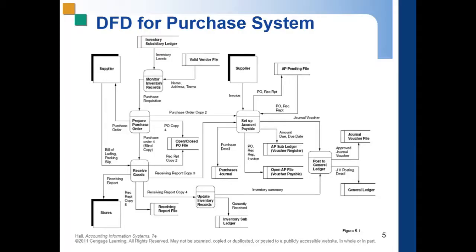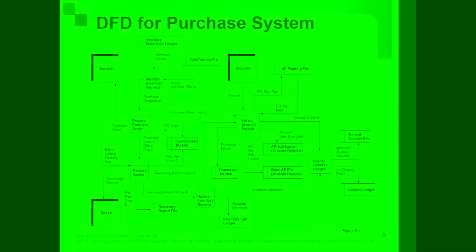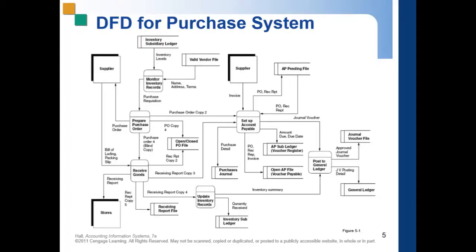So let's discuss this data flow diagram one by one. Let's start here with the monitoring of inventory records. In order for us to know when it is already time to purchase, it is important that we have a monitoring of inventory records, because that monitoring will trigger the requisition of additional goods or raw materials.